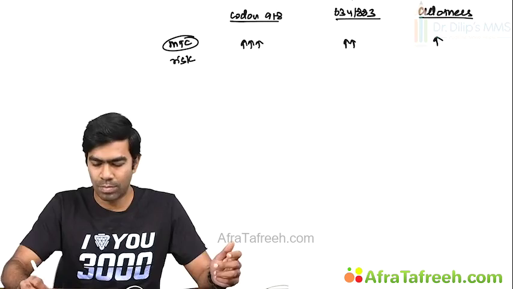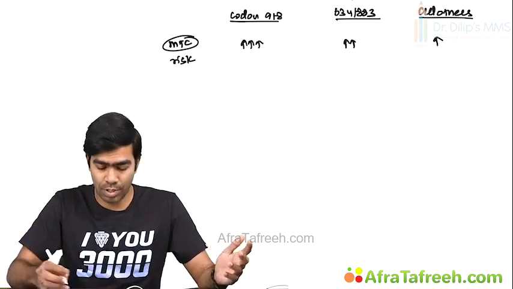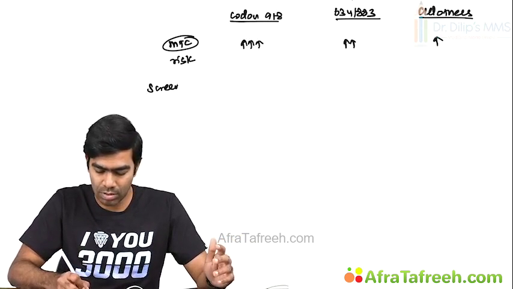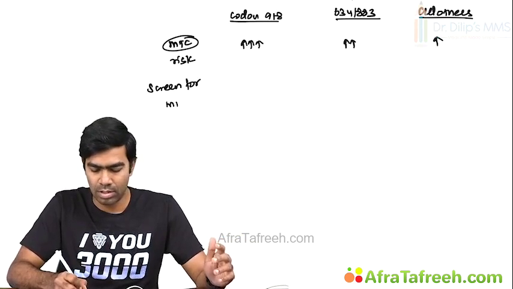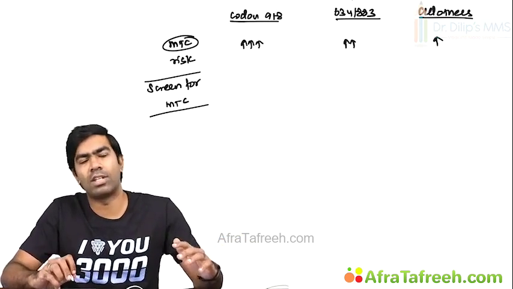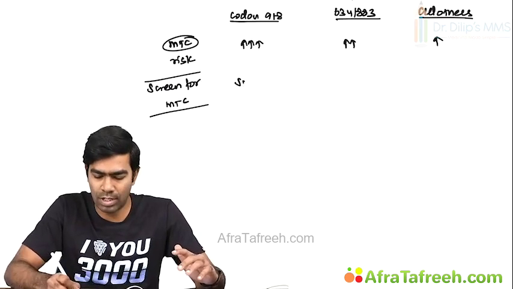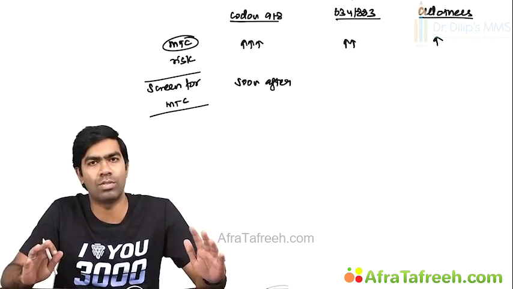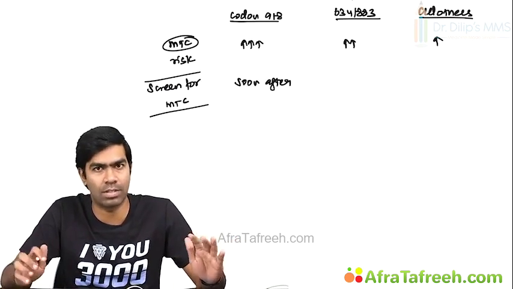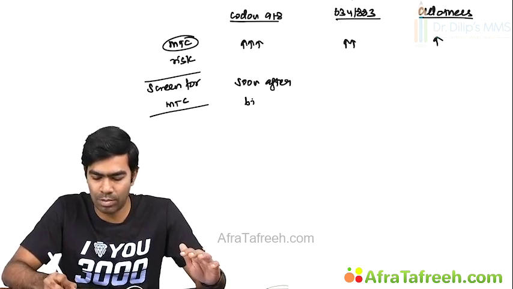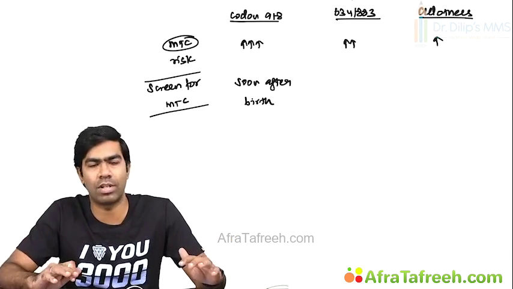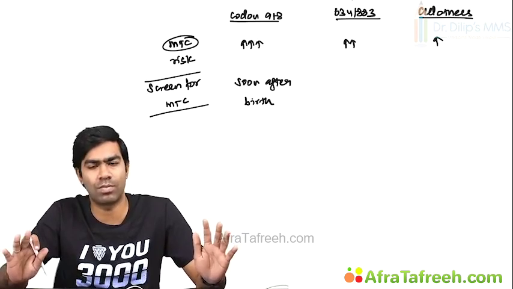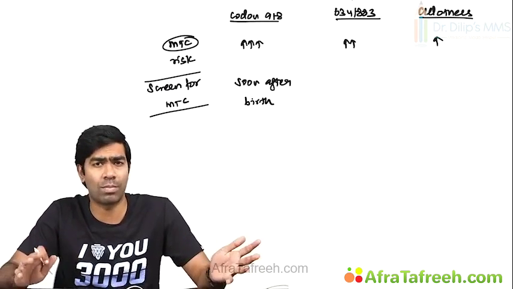Fine. So which means since they have the highest risk of MTC, when you're going to screen for MTC, the guidelines tell that for 918 mutations you have to screen soon after birth, or the moment you diagnose the RET mutation, whichever is earlier.